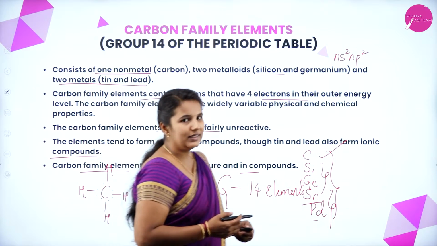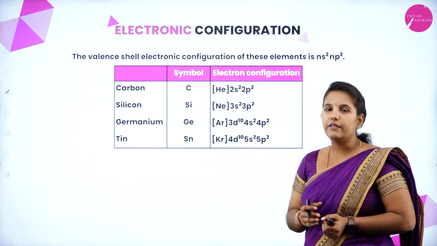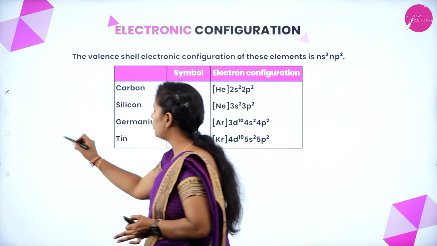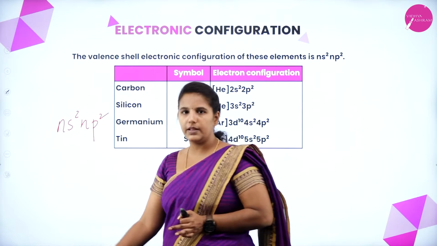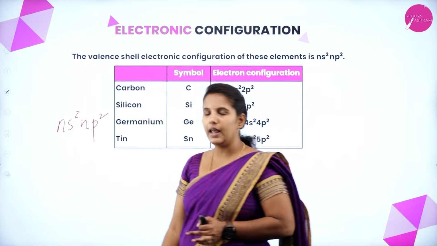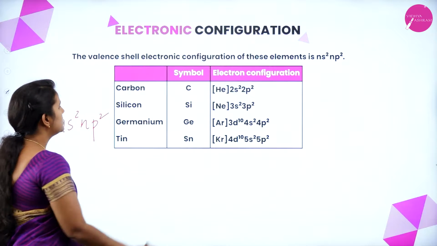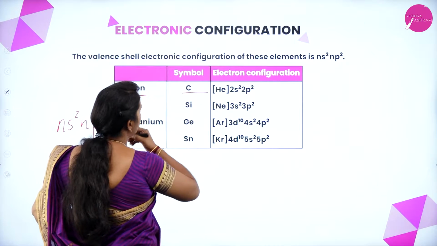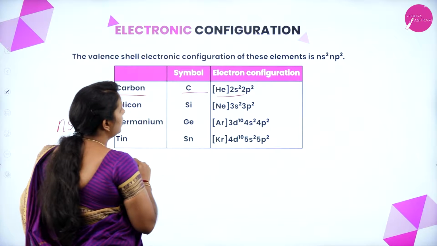Now let us see the electronic configurations of group 14. The valence electronic configuration of group 14 is ns2np2, so there will be 4 electrons in the outermost shell. Let us see the group members. First is carbon, symbol C, with electronic configuration helium 2s2 2p2.